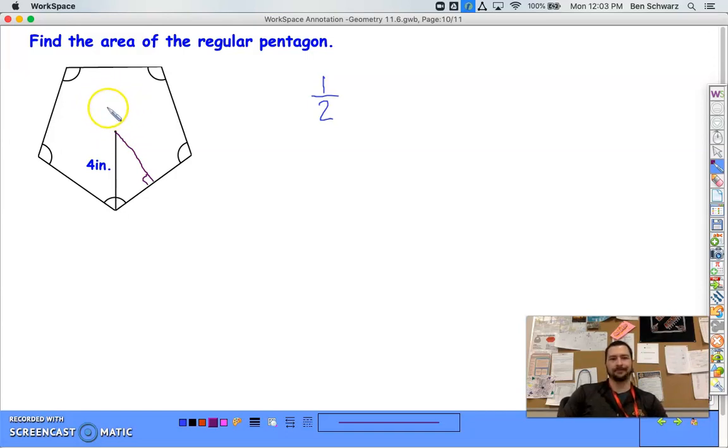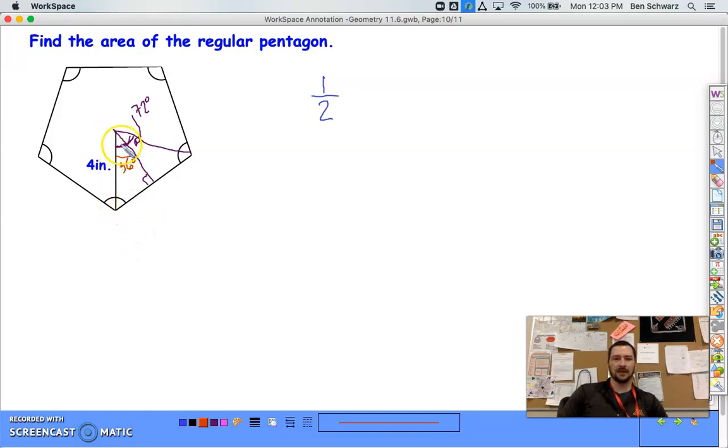The way I like to do it is find this angle right here. Remember that our central angle, which would be this whole guy, is 360 divided by the number of sides. So 360 divided by 5 is 72 degrees. That means just half of it, this one here, would be 36 degrees.